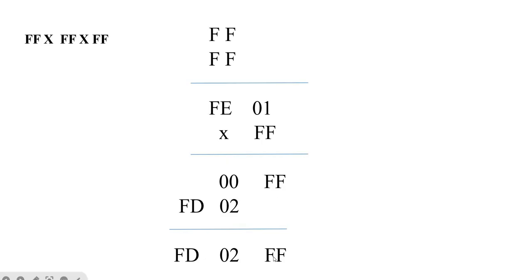This FF will be kept as it is, whereas when we add these numbers, now I have 00 and 02, so no carry will be generated. If there is a carry generated, that must be added to the next number, and then we get the final result.